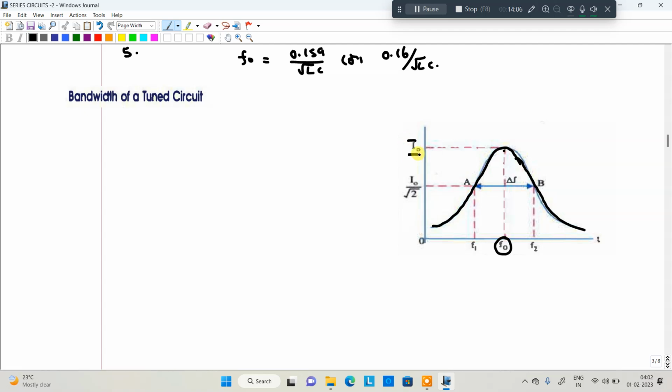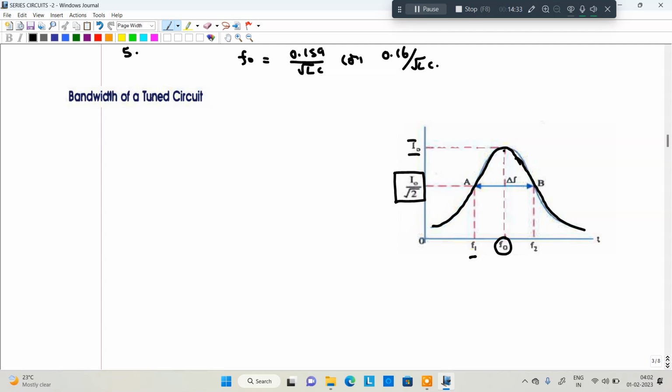Now the bandwidth is nothing but, at the middle of this resonance curve, you will get the current of 1 by root 2, that means 0.707 times the maximum current.